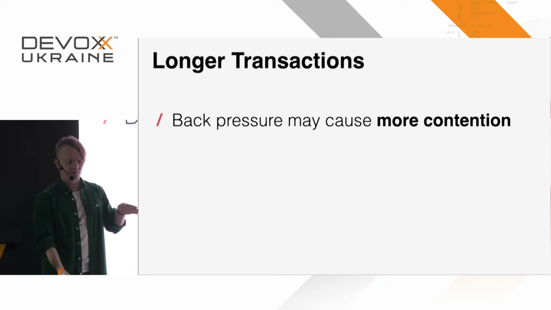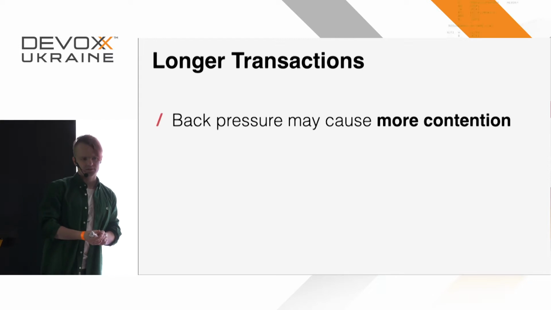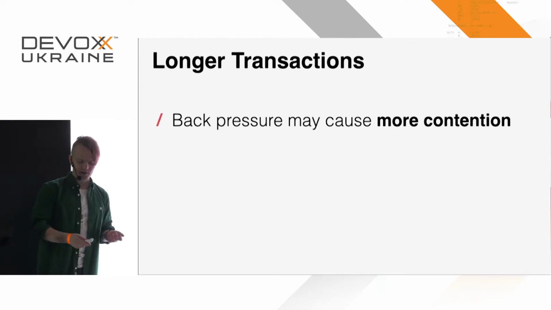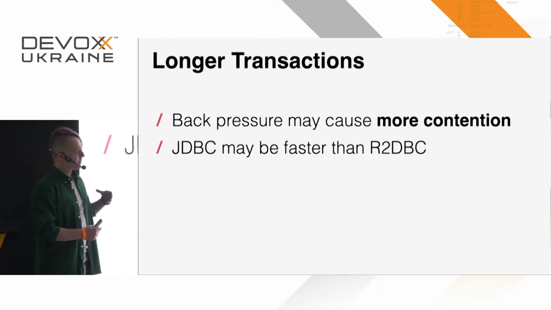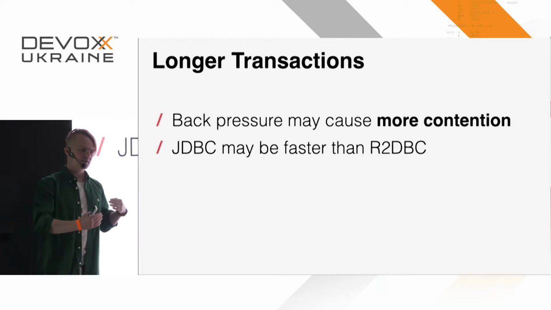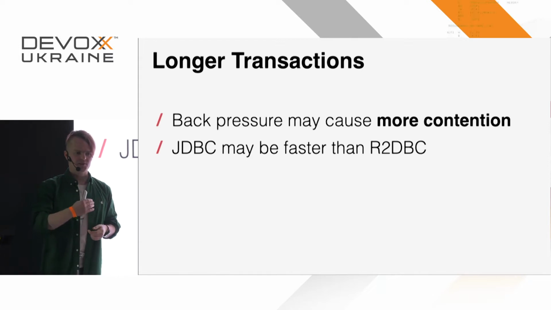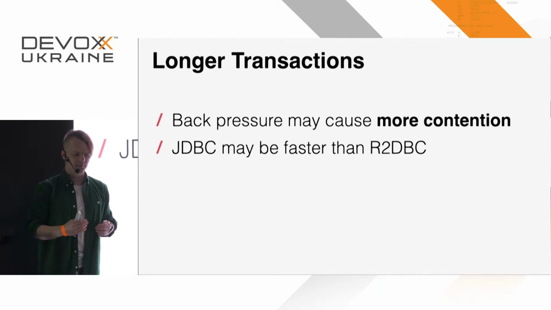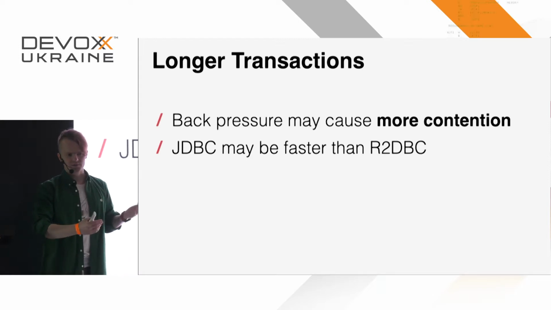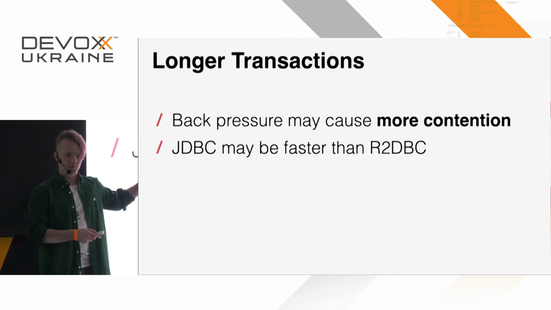And now the transaction is longer, has more contention, and not all databases like that transactional contention. So it may decrease the performance. So JDBC may even be faster in some cases, even faster than R2DBC. Faster doesn't mean better. R2DBC is aimed to scale better, to give you better throughput, even though latency could be slightly bigger. And of course, if your database is OK with what R2DBC is asking from it.